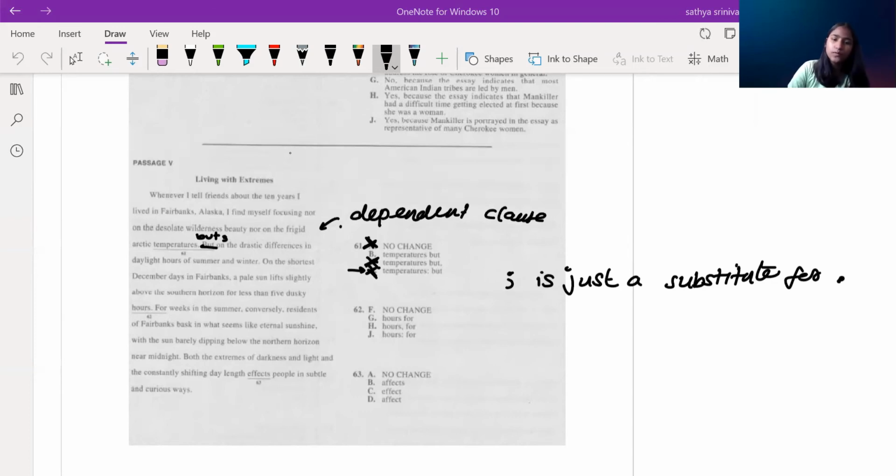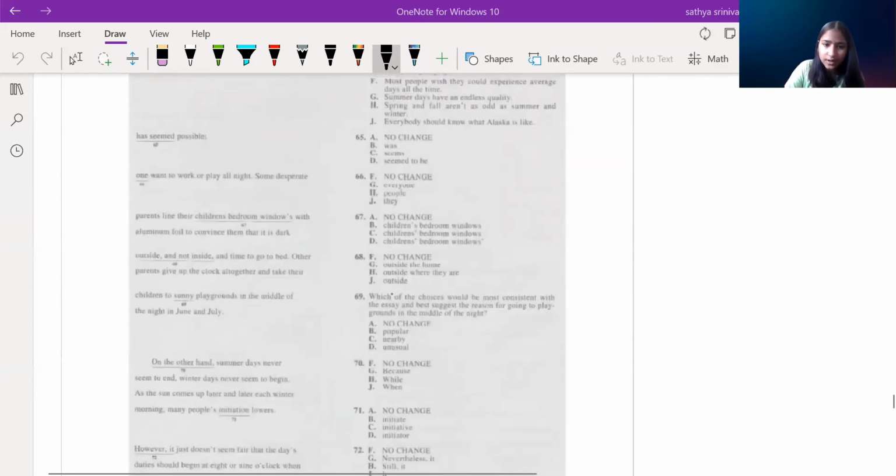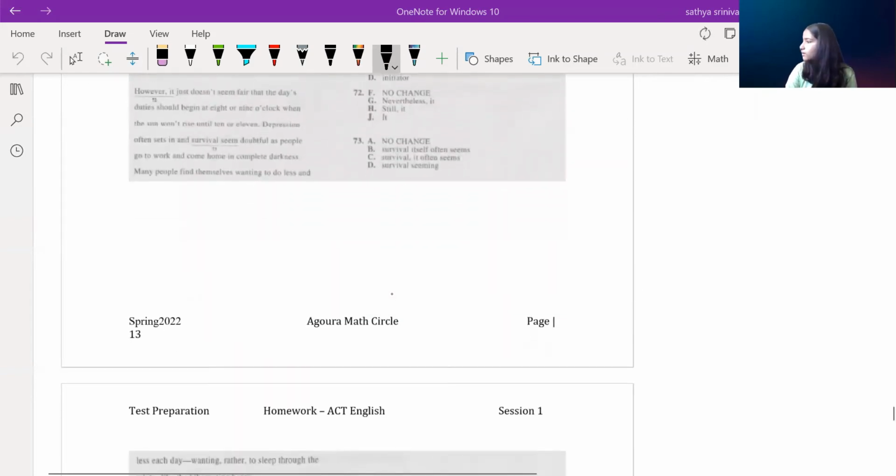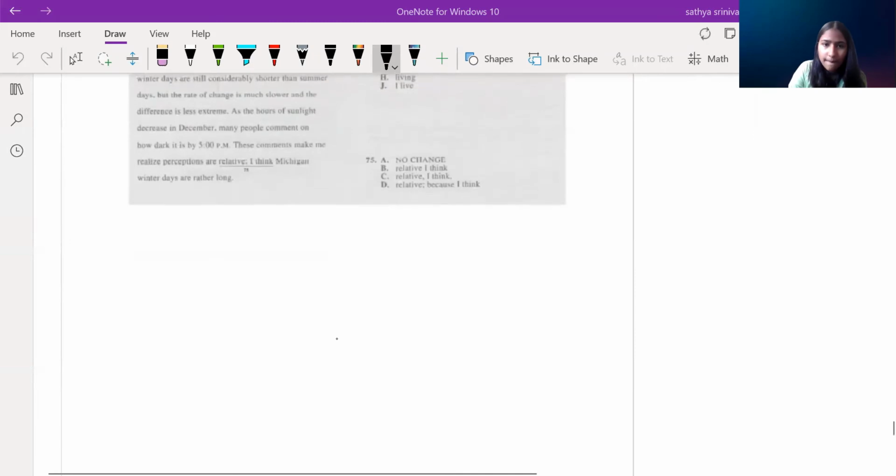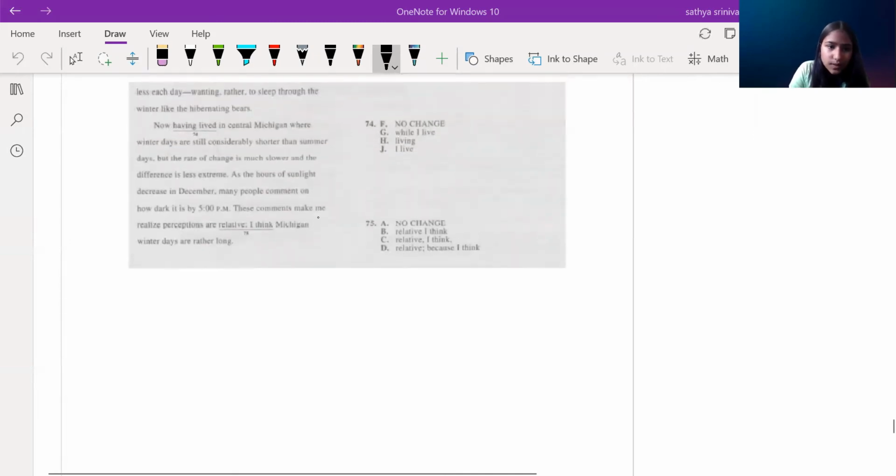Okay, moving on to 75. "These comments make me realize perceptions are relative; I think Michigan winter days are rather long." So this is a semicolon. First let's check whether this is right. A semicolon, again, is just a substitute for a period here.